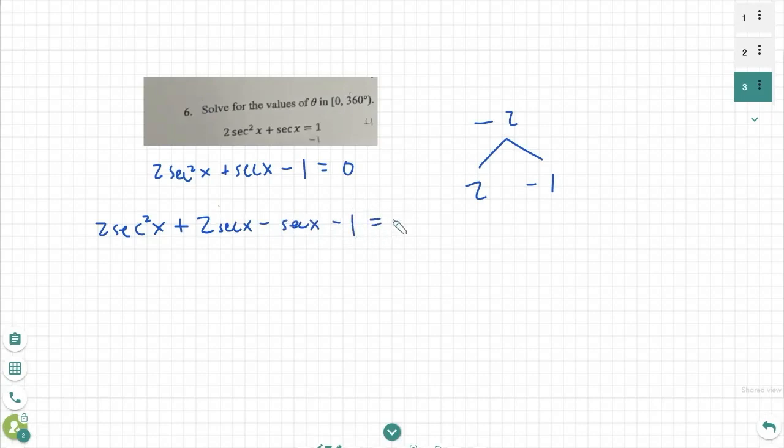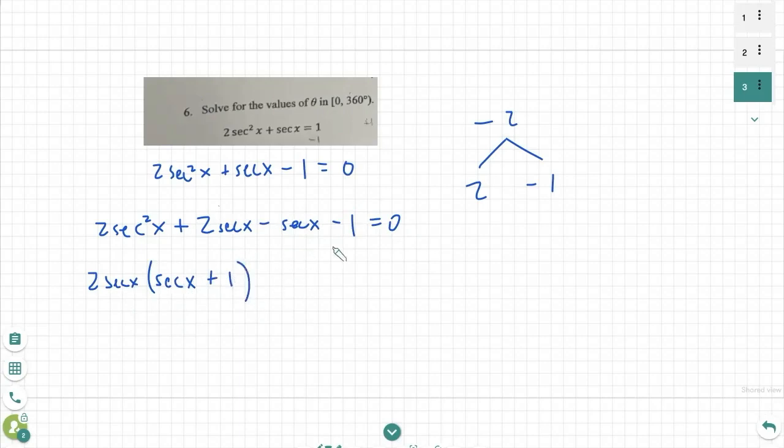So then from there group them all. From the first group you can factor out 2 secant x, so then you're left with secant x plus 1.